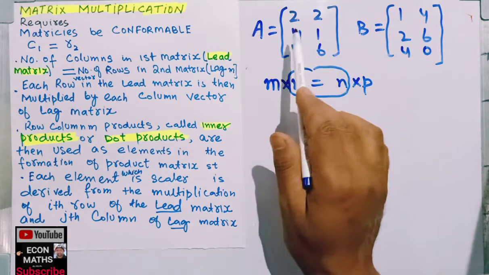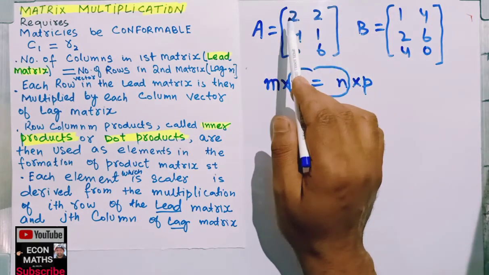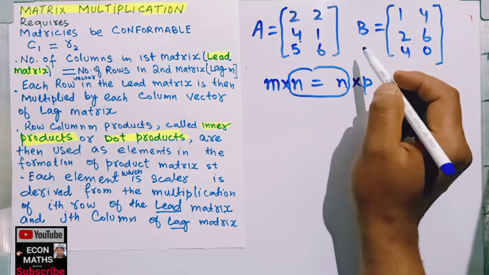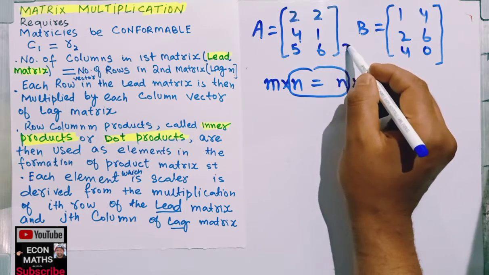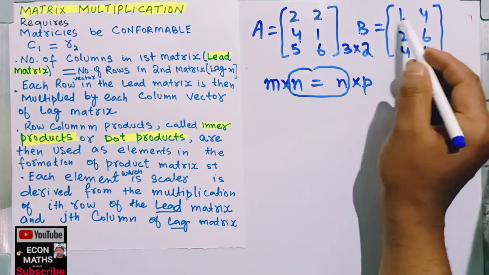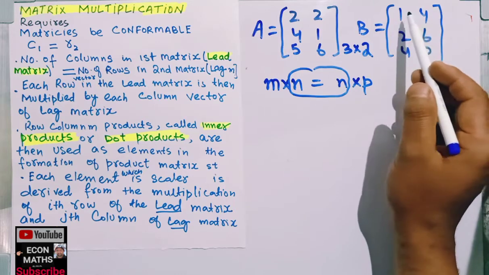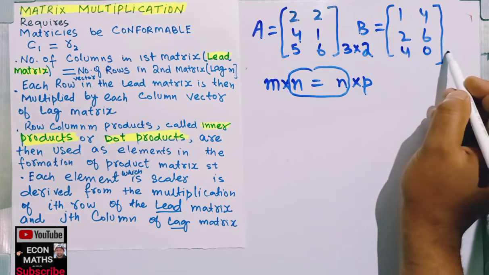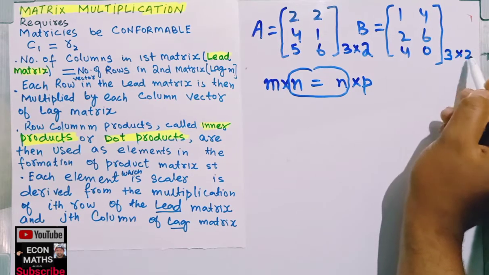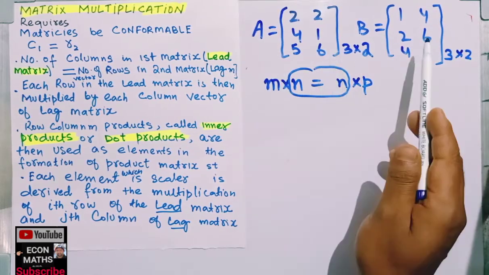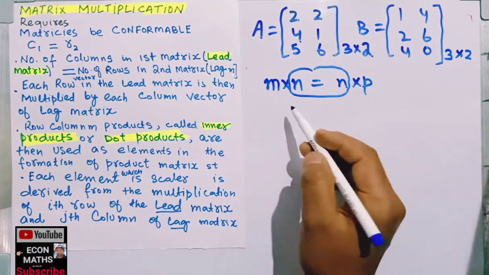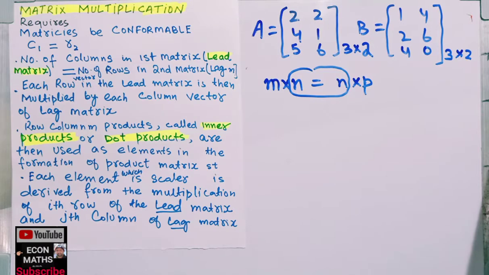Here the number of rows are 3 and the number of columns are 2. Here the dimension is also the same, 3 rows and 2 columns. To see whether these two matrices are conformable or not, we apply this formula or visualization method.